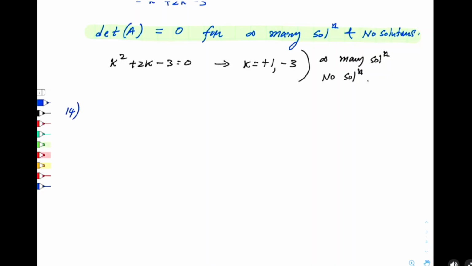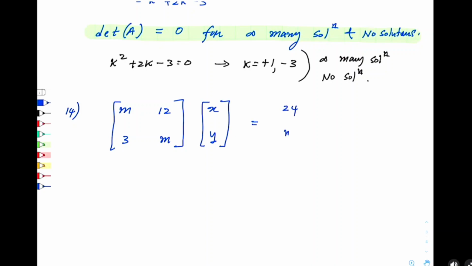So I'm going to put this into the matrix right away. M here, 12 here, 3 here, M here, put that into the matrix. Then x y here, then is equal to 24 and M. Right? So this is my A matrix.